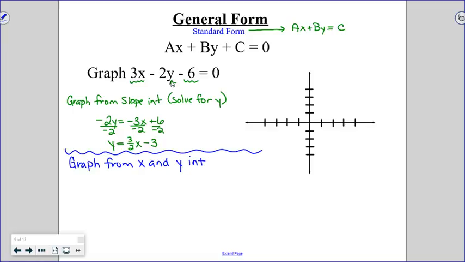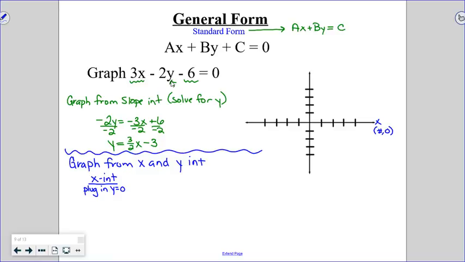If I'm talking about graphing from my x and y intercepts, remember that this is my x-axis, and that to hit our x-axis, it would have to be some number, comma, 0 to be an x-intercept. And so to find my x-intercept, I would plug in y equals 0. I would put a 0 in for y. Okay?